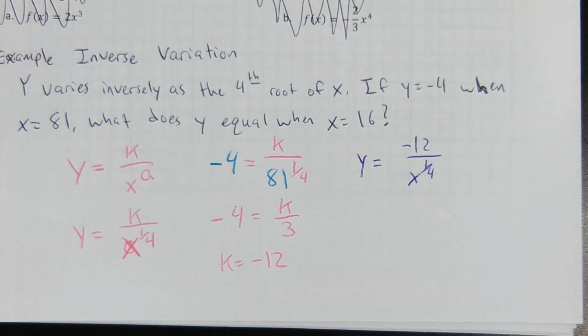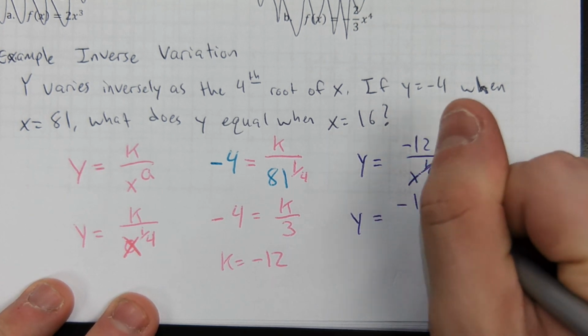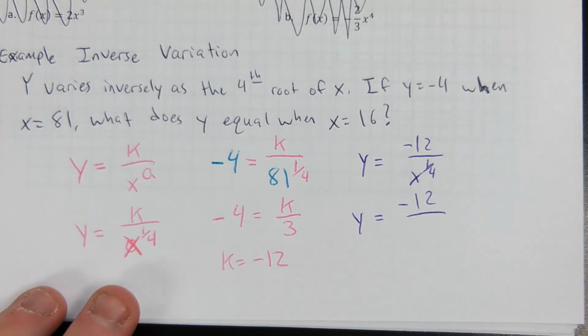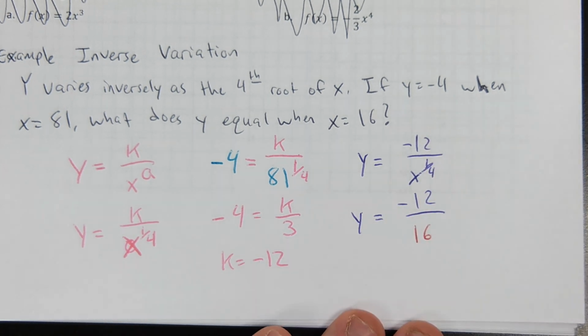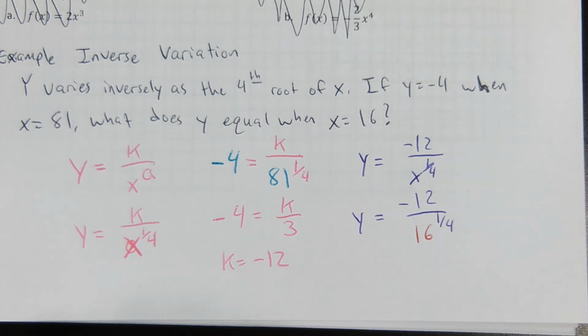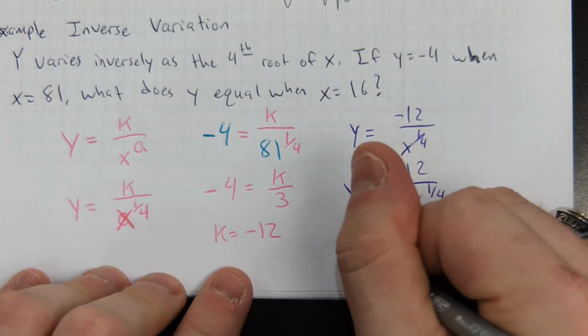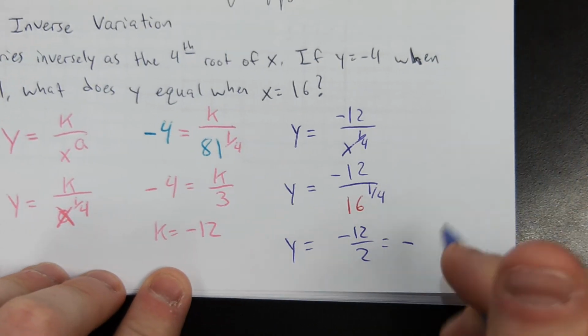And all we have to do is substitute in x equals 16. What is the fourth root of 16? It is 2. So y equals negative 12 divided by 2, which is negative 6.